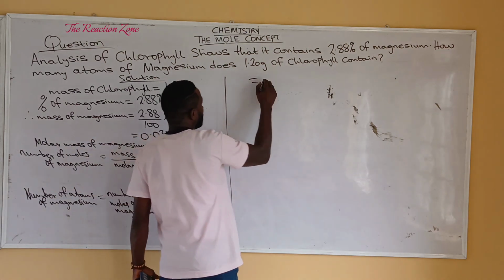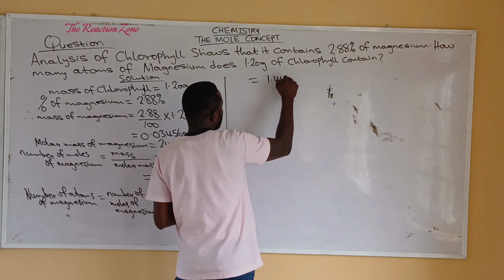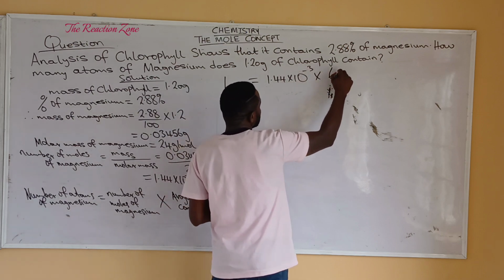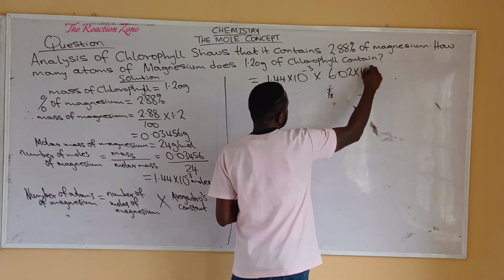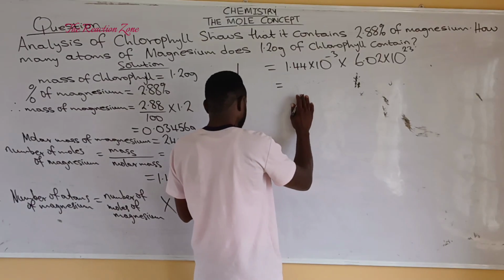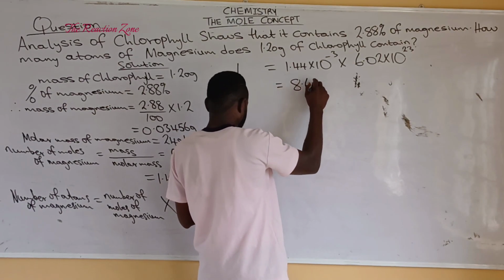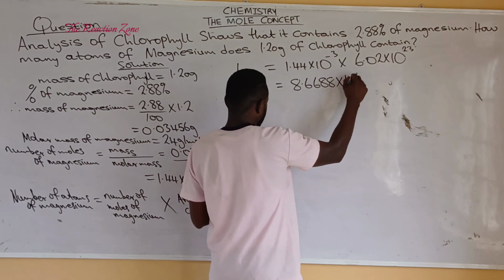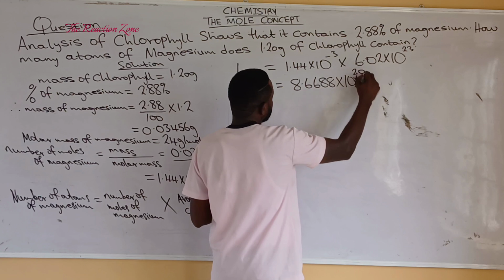And this will be equal to 1.44 times 10 raised to the minus 3 times 6.02 times 10 raised to the power 23. And this gives us a value of 8.6688 times 10 raised to the power 20.